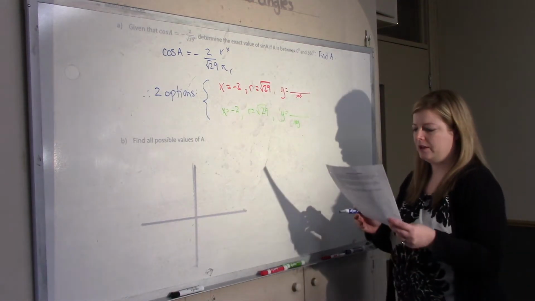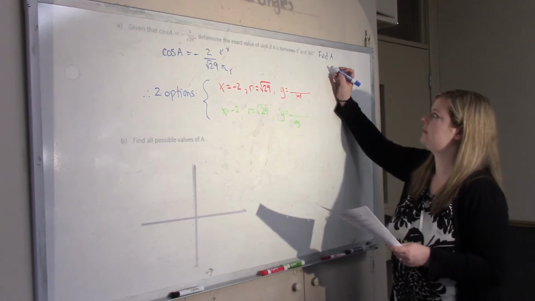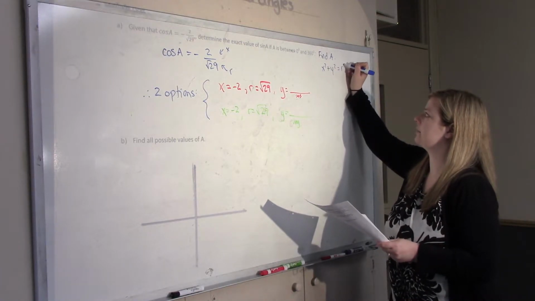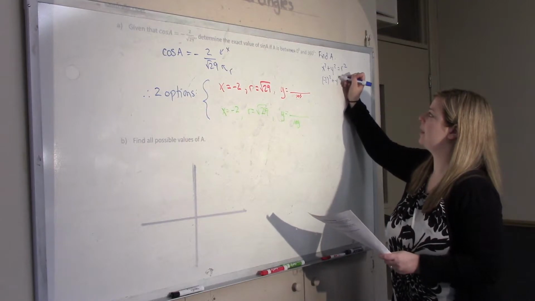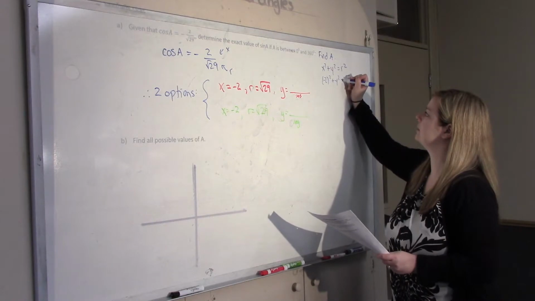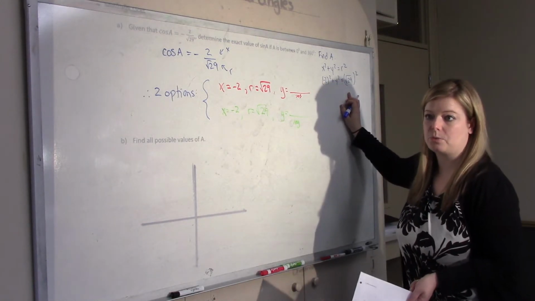So to find y, we can use the fact that x squared plus y squared equals r squared. So x is negative 2, y squared we don't know, and root 29 squared is just 29.